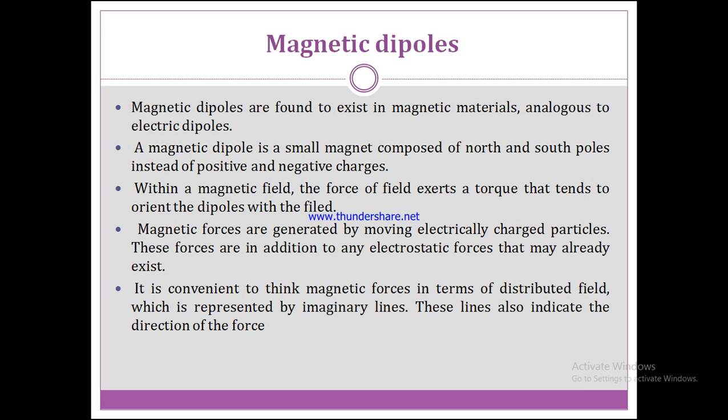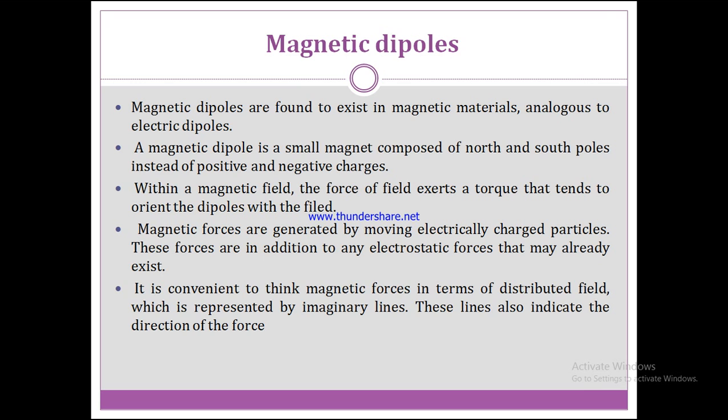Meanwhile, the magnetic dipoles present in the magnetic materials are the same as electrical dipoles. A magnetic dipole is a small magnet of north and south poles instead of charges between them.